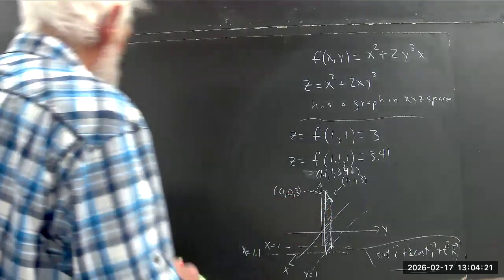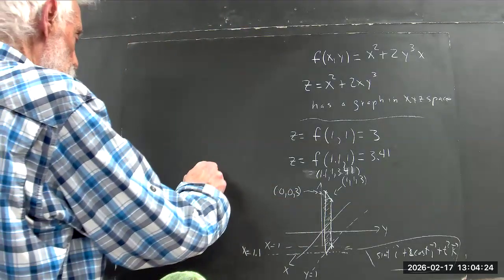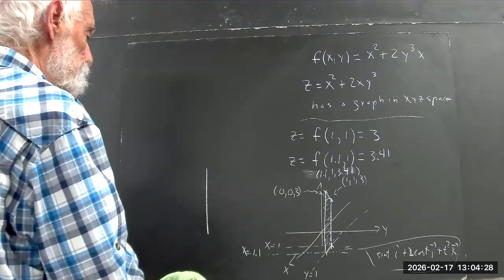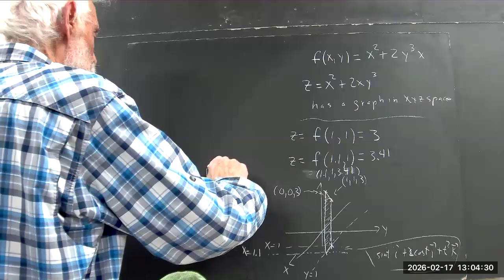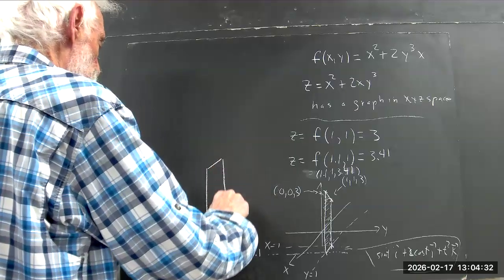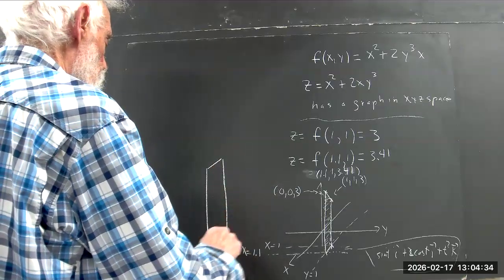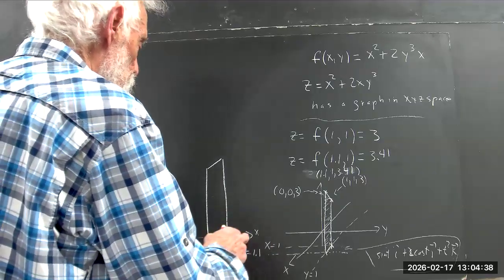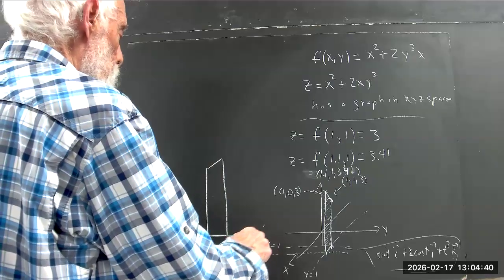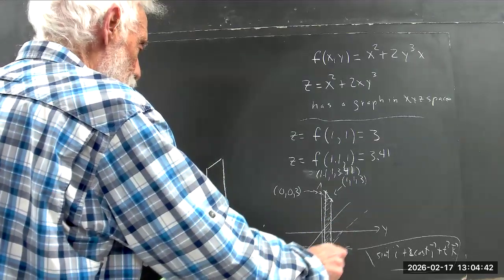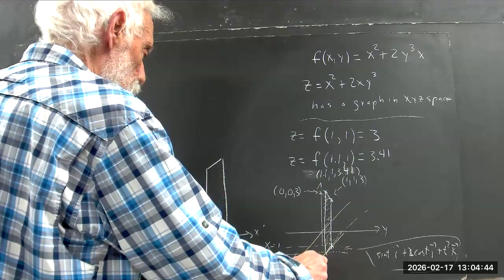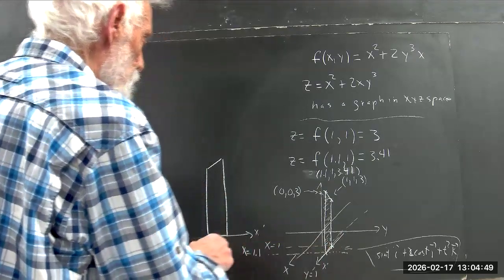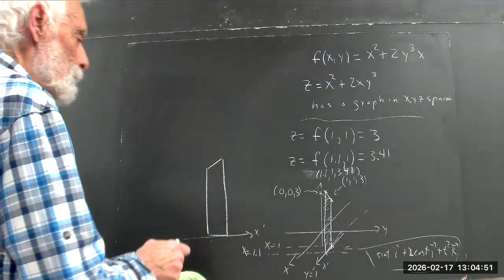I take this picture over here and I'm going to kind of flip it around. So your x direction is here. We'll call that like an x prime axis. So that corresponds to this. That'd be like your x prime axis down here at the base.